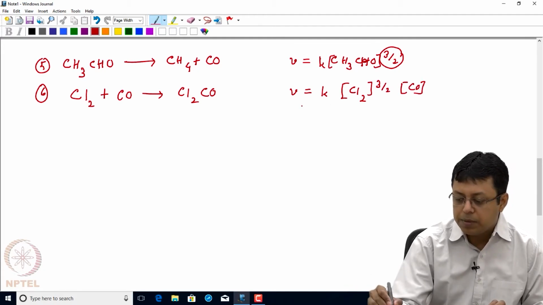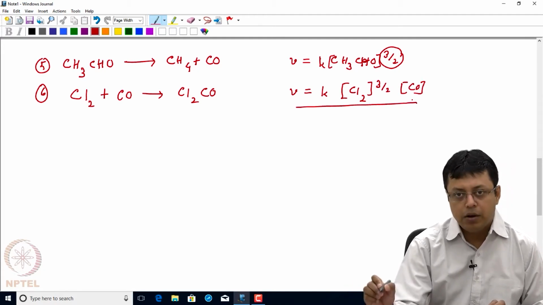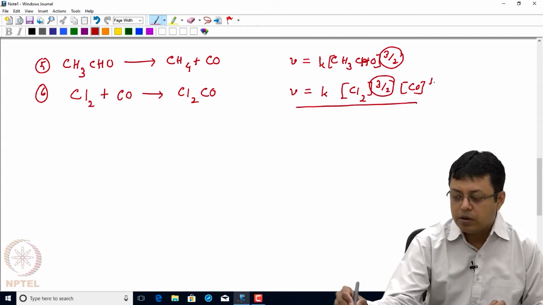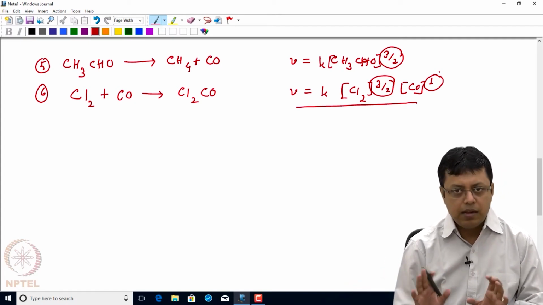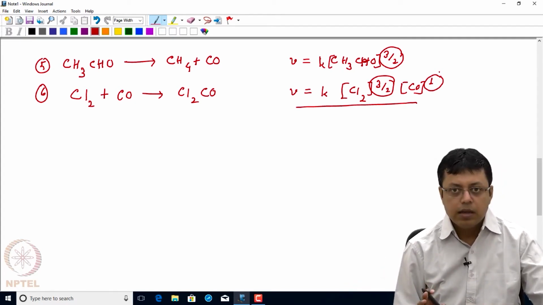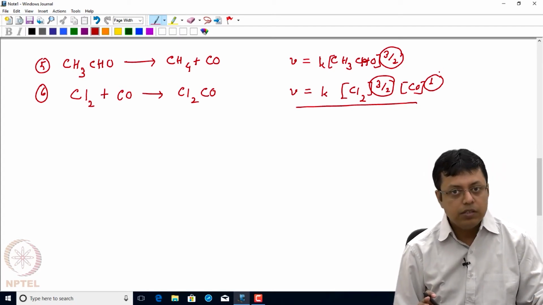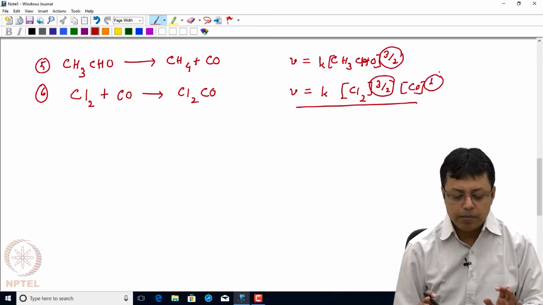Now you can see the complexity of the rate law, and it is fractional order with respect to chlorine, and first order with respect to carbon monoxide. So the bottom line again here is that you cannot predict a priori anything about the order of the reaction or the rate law just by looking at the stoichiometric numbers.